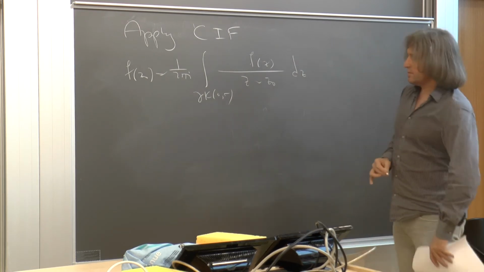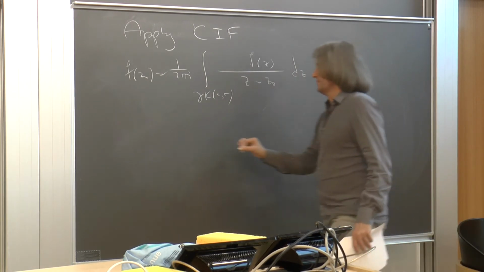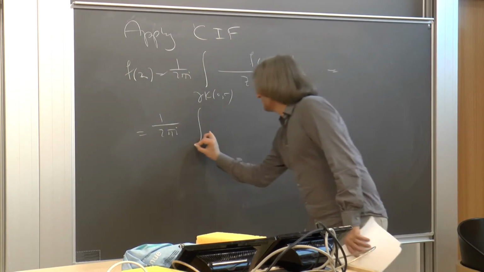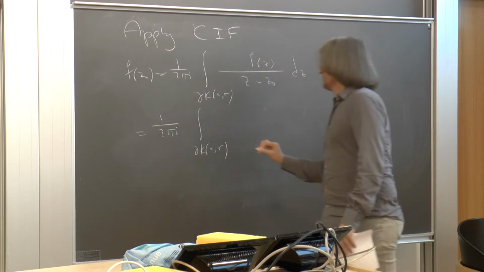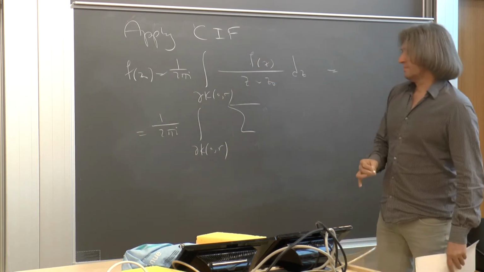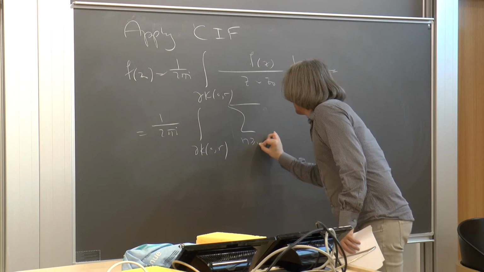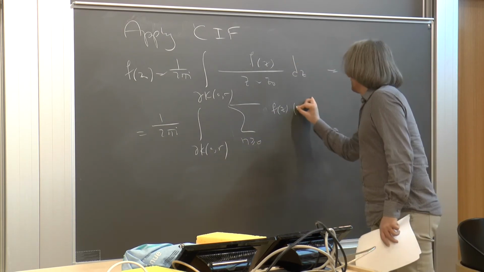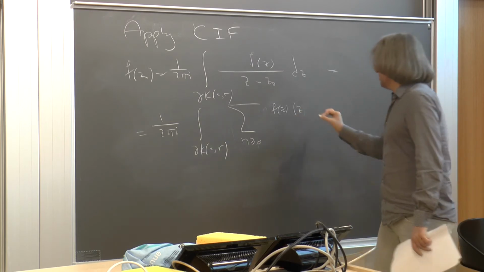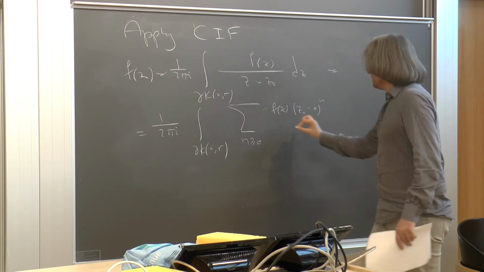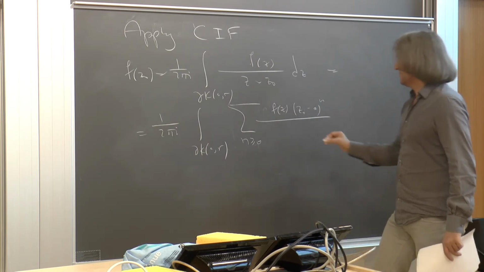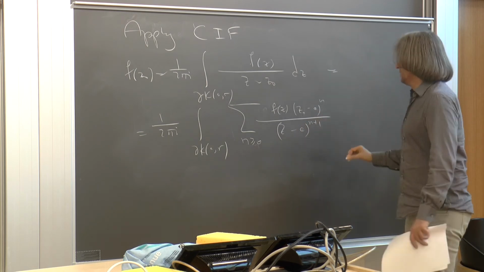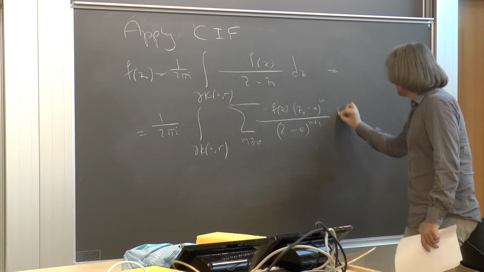And now we substitute the expansion: what we had over there, f of z times (z naught minus a) to the n over (z minus a) to the n plus 1 dz.